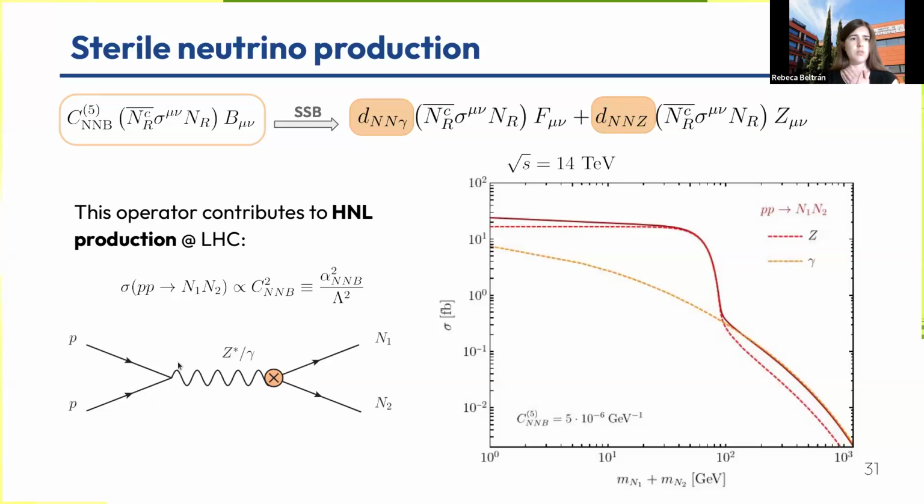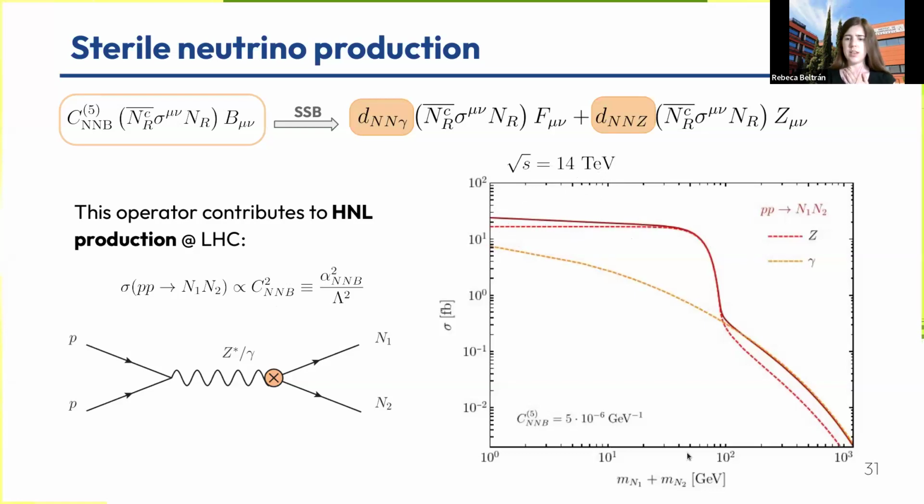So this diagram here on the left depicts the possible production modes of a pair of sterile neutrinos in proton-proton collisions through this operator. And on the right, we can see the relative contributions of the two channels to the cross-section at the LHC for this center of mass energy.